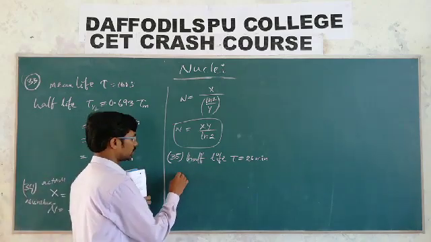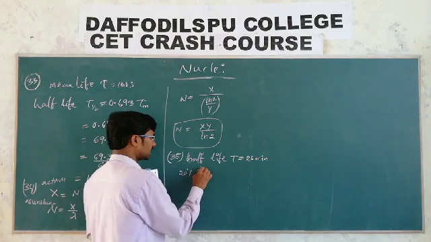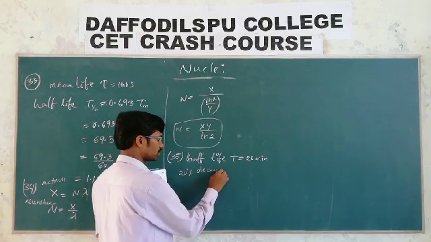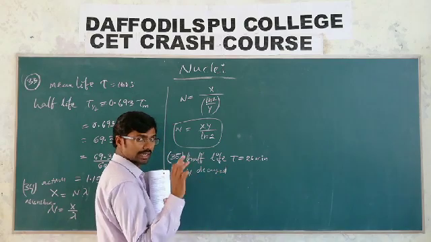That means 20% decay means the number of nuclei remaining is 80%.